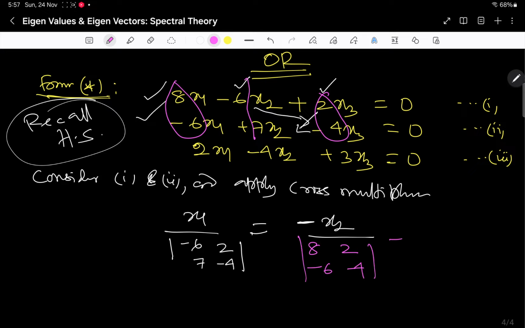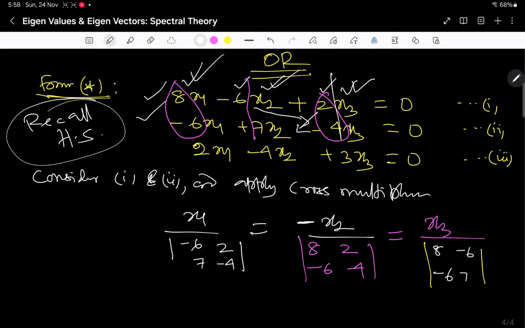Then while we consider the third, it is x3 divided by, okay, x3 divided by. So for x3, this will not be considered. We will consider this and this, okay? So it is 8, minus 6 and minus 6, 7.